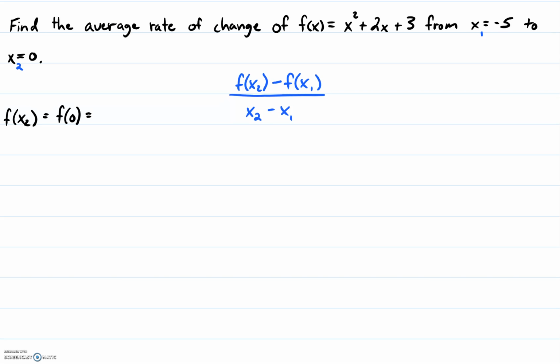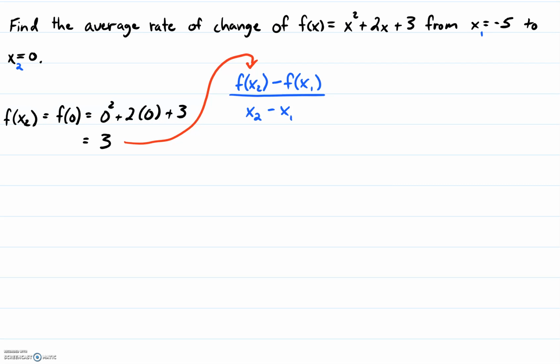And the f of 0 is the same thing as putting 0 in the place of x in our original function. So that's going to give us 0 squared plus 2 times 0 plus 3. And of course, that's just going to give us 3. So the f of x2 is 3, so whenever we plug everything into our formula, we're going to put a 3 right there.